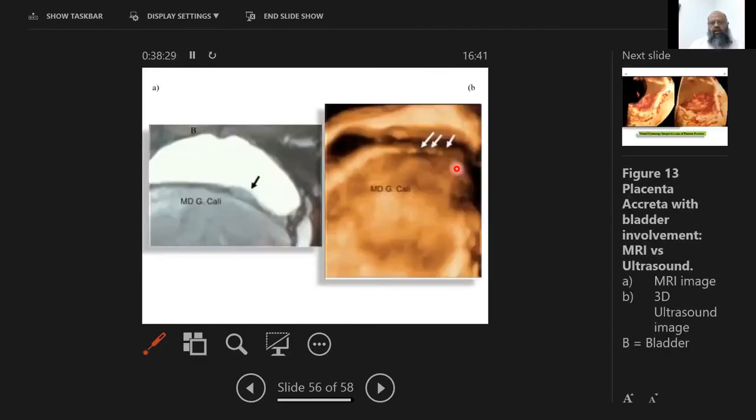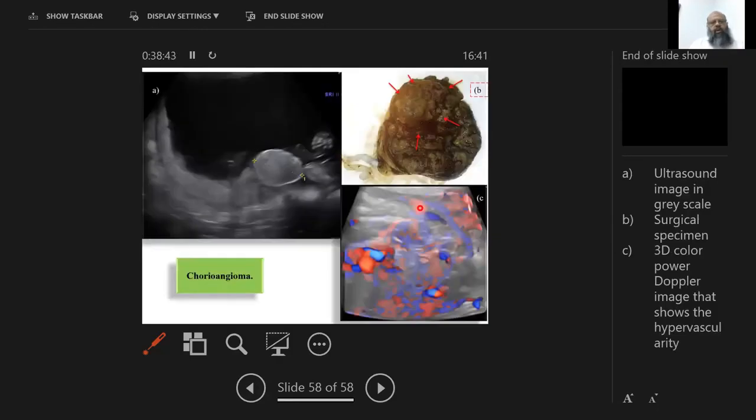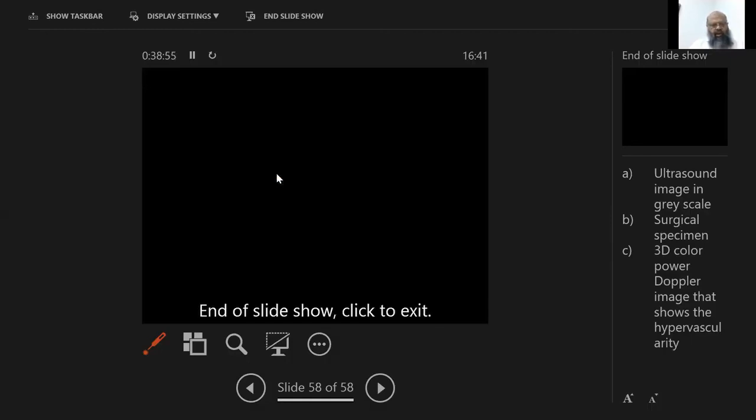This is the placenta percreta. You can see within the bladder, there is presence of placenta. We can also have some tumors, like this one is the chorioangioma. So we can use surgical specimens, 3D color power Doppler image that shows the hypervascularity.